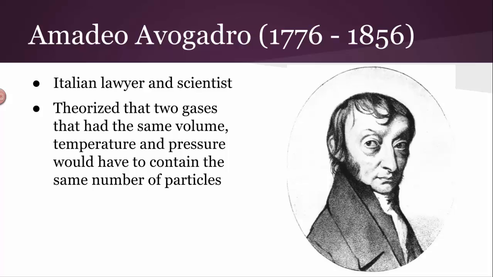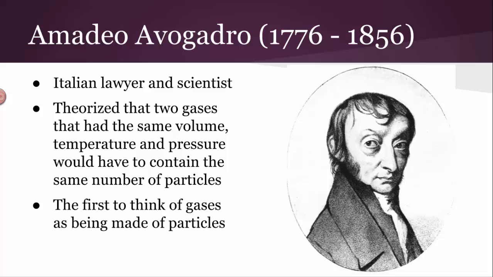Now, he had some math to support this. But remember, science in the 18th and 19th centuries was very rudimentary, and so it was a little difficult to prove. It took many years of research after that to finally come up with our concept of the mole.